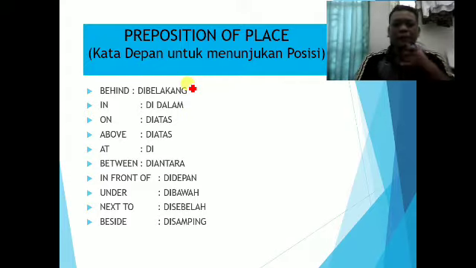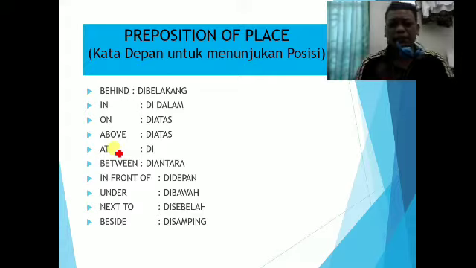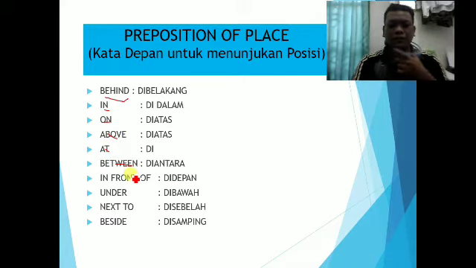There are so many prepositions of place in English, so I just take the most common ones. Here we have 10 prepositions: behind, in, on, above, at, between, in front of, under, next to, and beside.